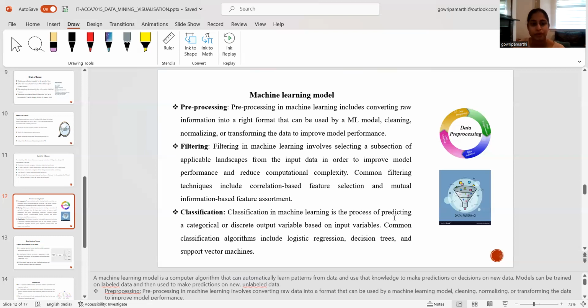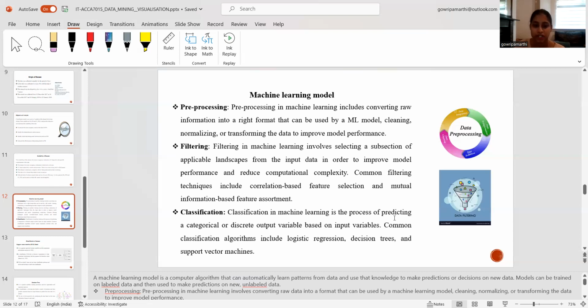Common filtering techniques include correlation-based feature selection and mutual information-based feature selection.